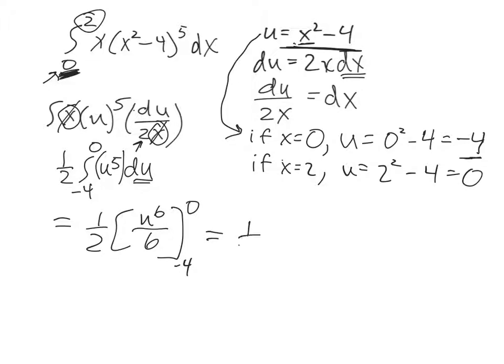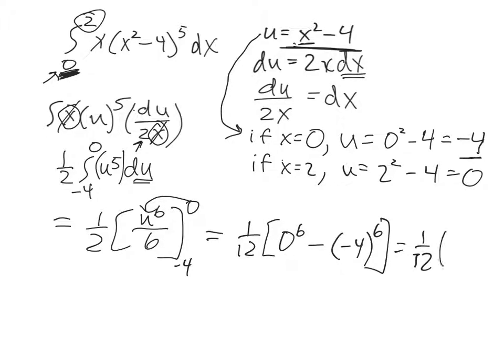And so, as we saw the first time around, we had the 1/12, and now we plug in 0 for u, then minus, plug in negative 4 for u. And that turns out to be 1/12 times negative 4,096, just like we saw in the first one, which will once again be negative 341 and 1/3.